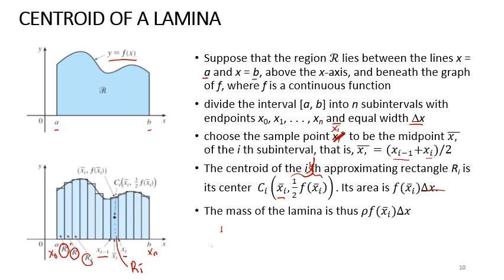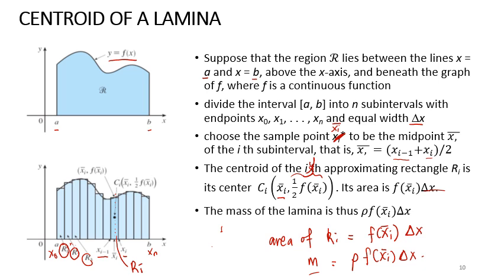The area of Ri is just the area of a rectangle, length times width. The height of the rectangle Ri is f of xi bar, and the width is delta x. Since this is a thin lamina, there is no volume, only area, so the mass of the lamina is given by rho times the area, the density times the area. That area is f of xi bar times delta x. So we have the mass.